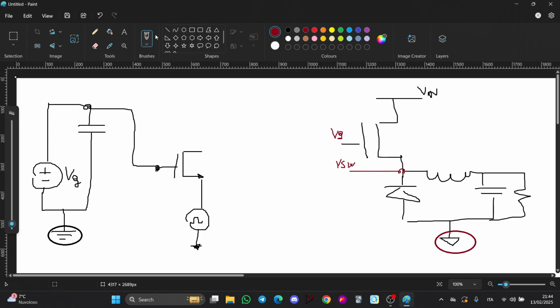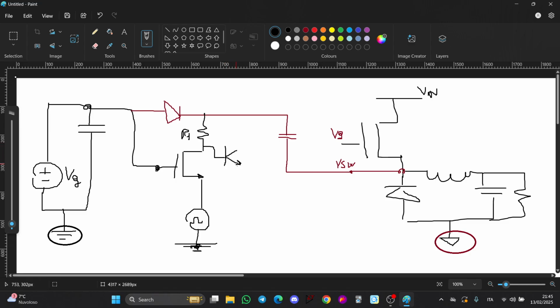Now let's change a bit of color. We have the diode and the bootstrap capacitor connected to the V-switch. This is still connected to the same ground as the logic. Resistor R1, and then the NPN pair, the totem pole output.